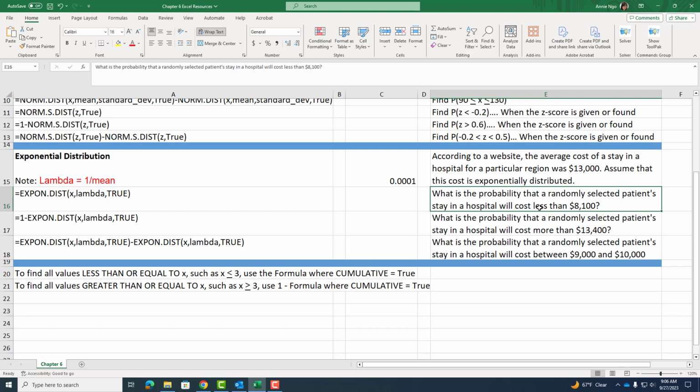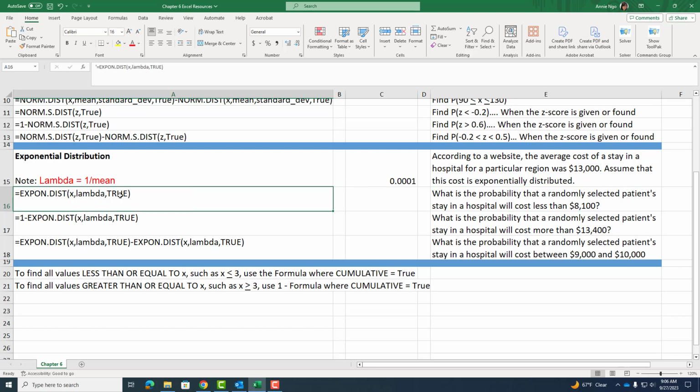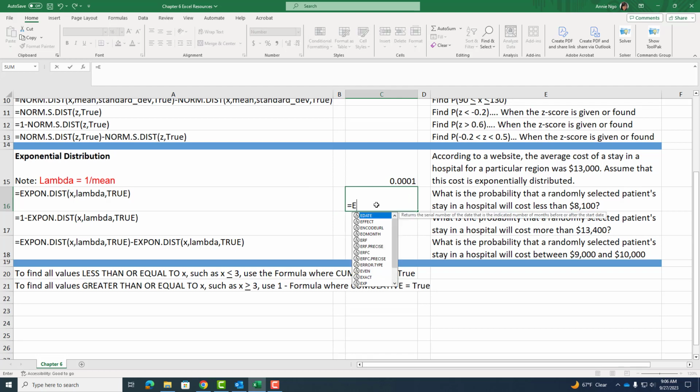So that "less" is the clue that I'm going to use this formula, because that's for less than, we just use the formula as we see it. So EXPON.DIST, parentheses. The x is the thing I'm trying to solve for, so 8,100, comma. The lambda, recall, 1 over the mean.